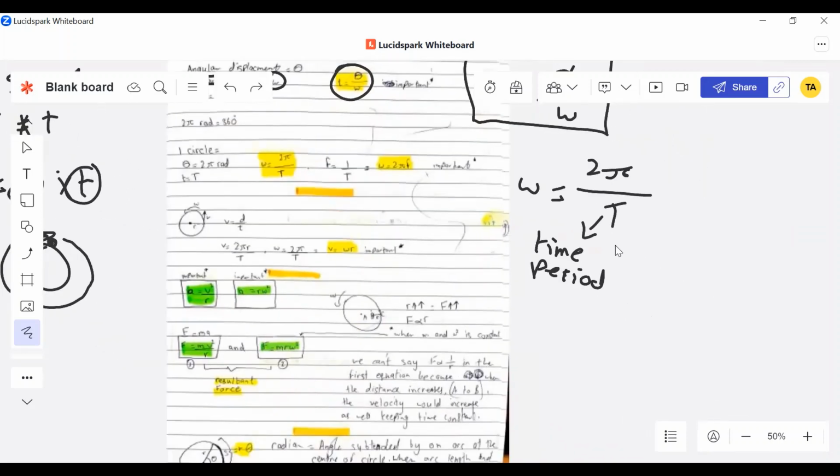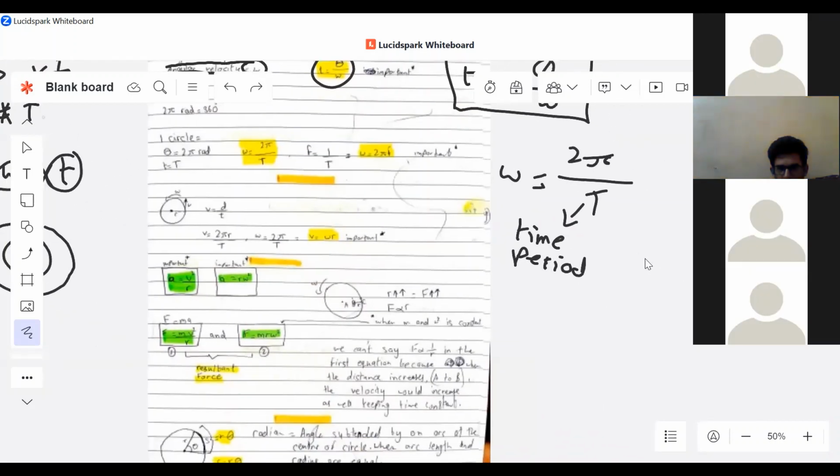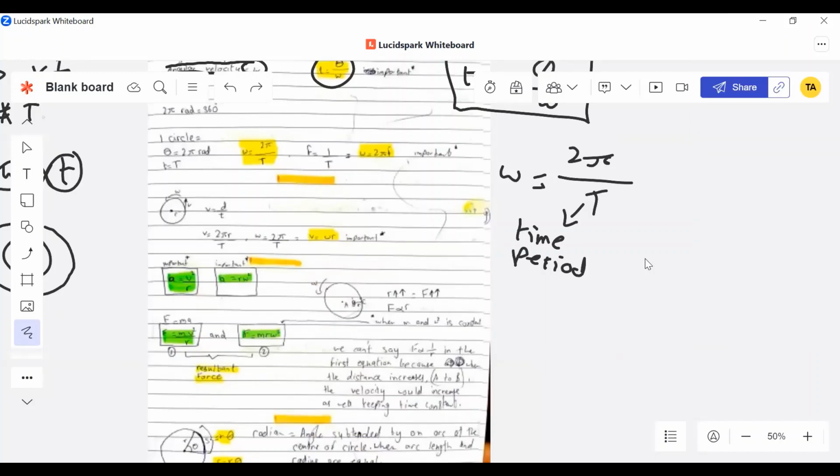So I know that time period has the formula 1 over f, 1 over frequency, right?